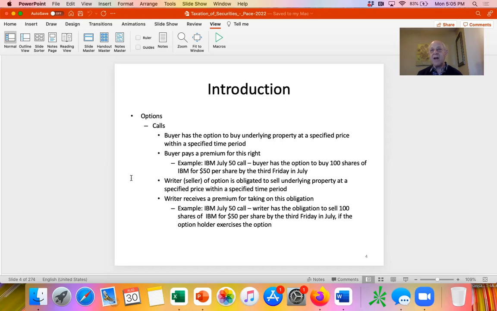Now, whenever you want to buy a call, someone has to sell you that call. Options are derivatives, and the options don't exist in and of themselves. So when IBM issued stock, people bought the stock, and then people buy and sell the outstanding shares of IBM. Everyone in the market in IBM stock can make money. So if I initially buy IBM when it comes out, and I buy it for $35 a share, I then sell it to the next person for $38 a share.